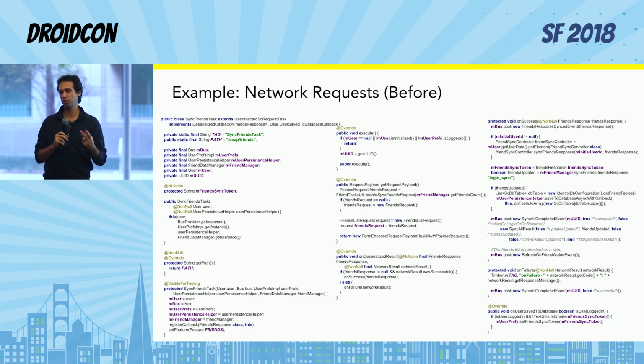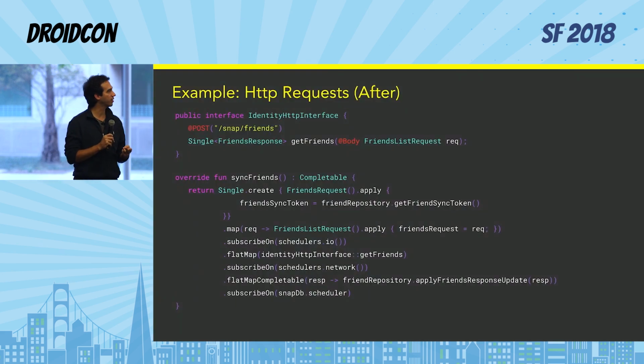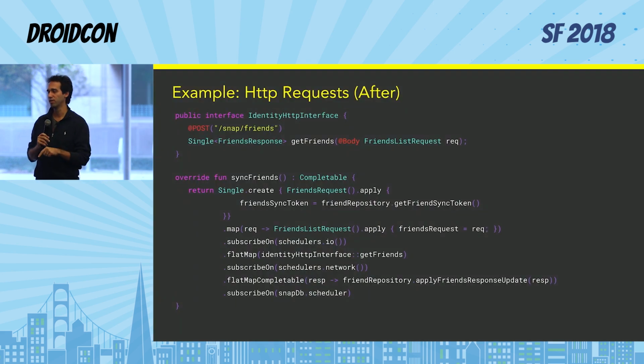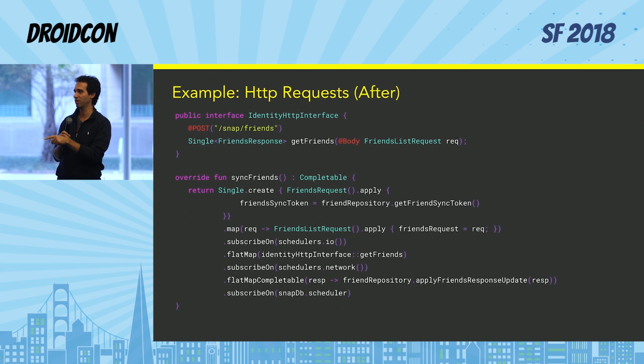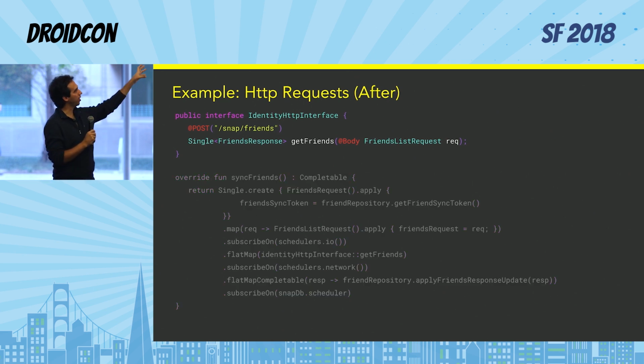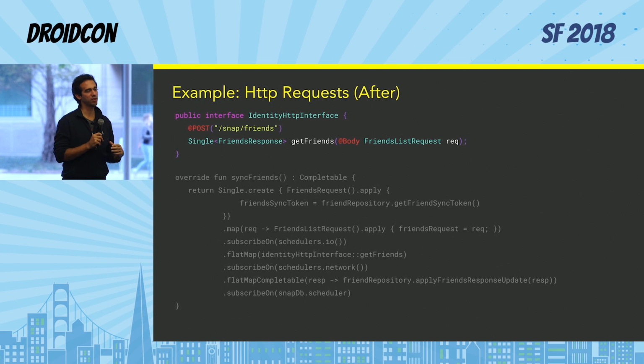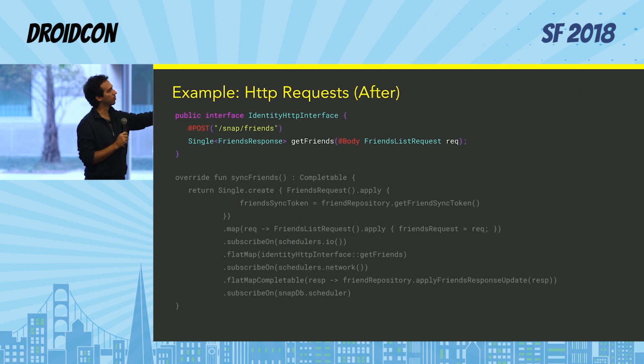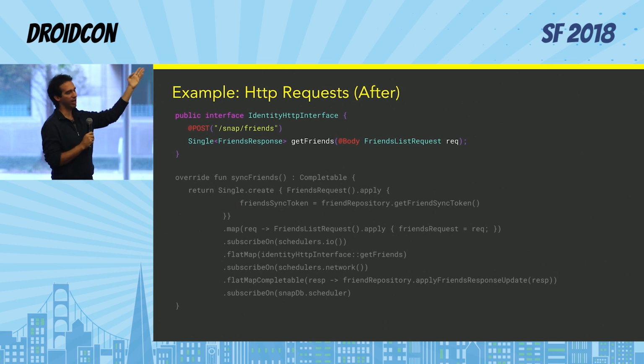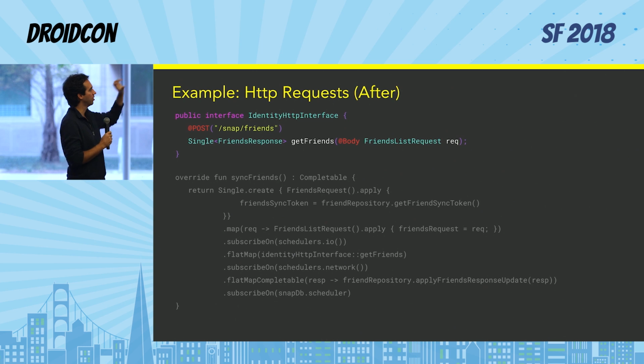Afterwards, we're able to use two things to make this code much saner. One was Retrofit, and the other was RxJava. So first I'm going to talk about Retrofit. On the top, you can see our HTTP interface for this request. Retrofit allows you to very concisely define what the request is, right? So here you can see the response, the request type, and the endpoint that you hit. And it's all here.